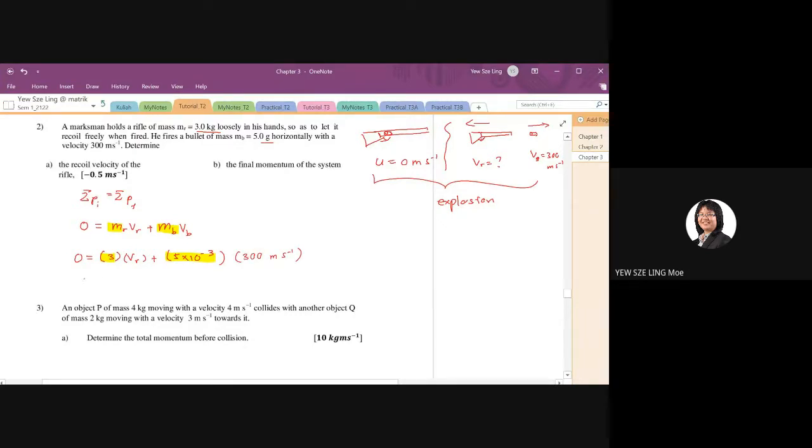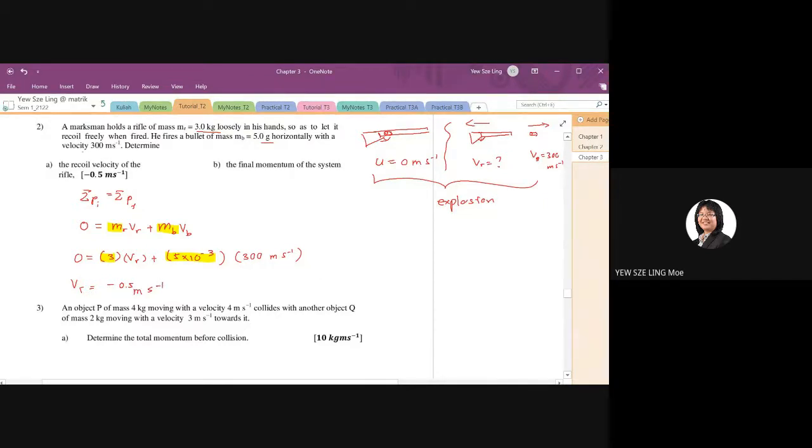Then you're going to get V rifle equals negative 0.5 m s negative 1.